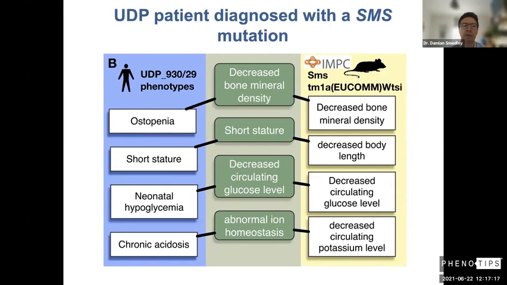But also the phenotype match was very nice for a mouse IMPC model that had knocked out this gene. Both the patient and the mouse model showed decreased bone mineral density, so osteopenia, as it's called in the human. And the patient was short and the mouse had decreased body length, and there were decreased circulating glucose level phenotypes in both.